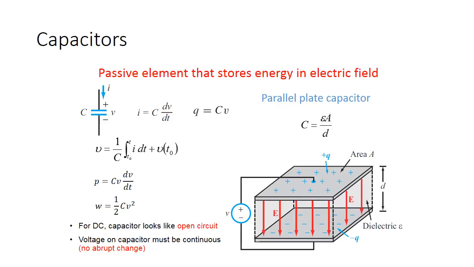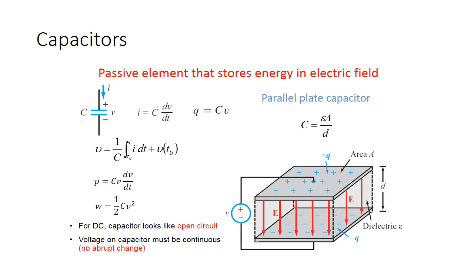If we go back to the left side here, we have the symbol for a capacitor, which is two parallel lines next to each other with a positive and a negative. You have a voltage drop between the two. We have i equals C dv/dt, so the current equals the capacitance times the change in voltage over the change in time.